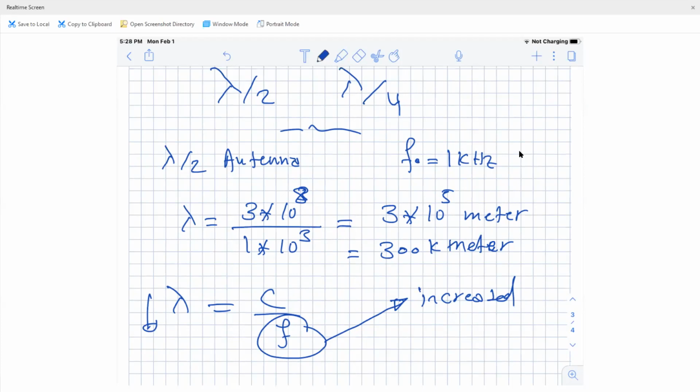If you use special kinds of antennas, for example, a microstrip antenna, we increase the frequency more and more, and the dimension of the antenna will be reduced to 1 or 2 centimeters. So this is the main reason behind using the modulation techniques. Is this point clear or not?